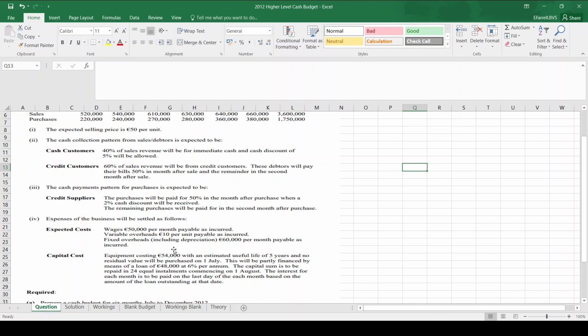What do we depreciate? We depreciate fixed assets. The asset here that we purchased was equipment, so that was 54,000. It has a useful life of 5 years, which is 60 months. We need to work it out on a monthly basis because we're doing our cash flow on a monthly basis. So to work out the depreciation each month, it's simply 54,000 divided by 60 months, because there are 60 months in 5 years.